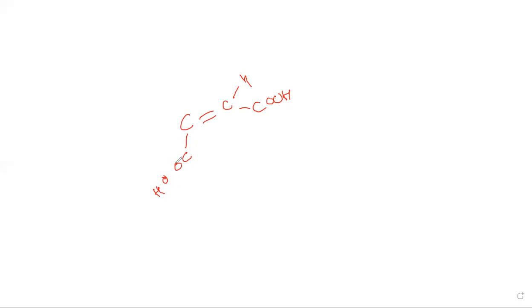So COOH and COOH, the carboxylic groups, are present on the same side. This is the cis isomer. The name of the compound is maleic acid.